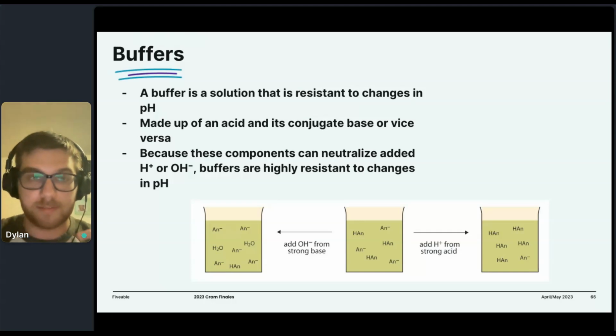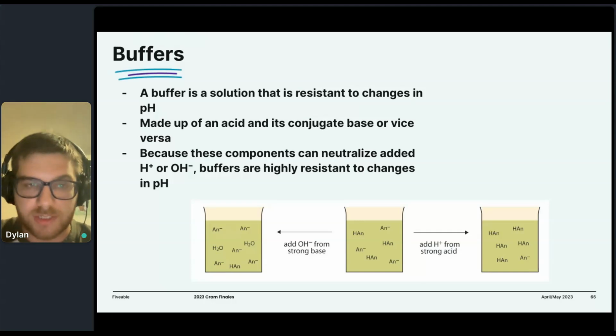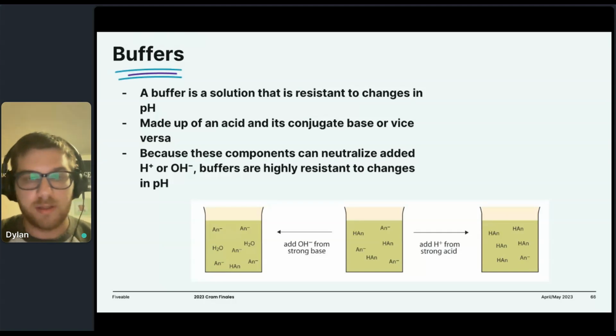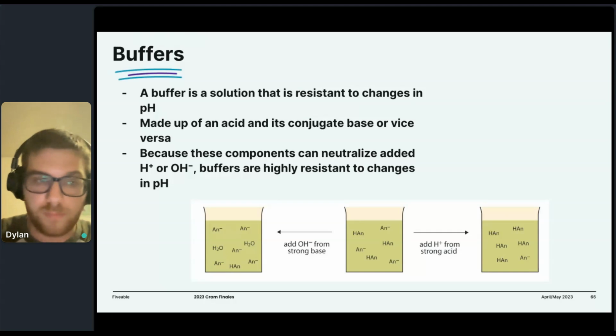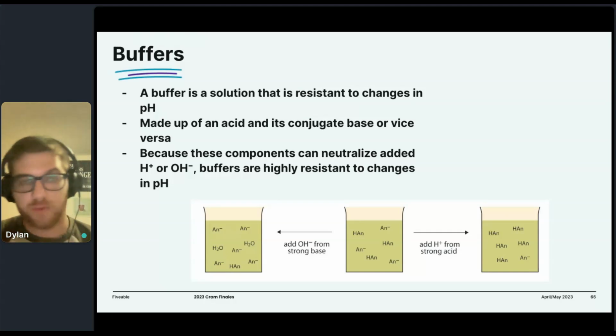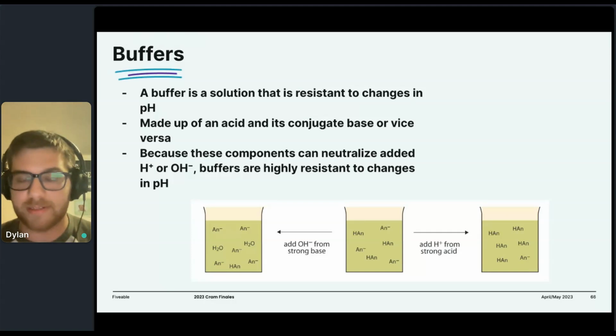But all that a buffer is, is a solution that is made up of an acid and its conjugate base, or vice versa, right? And this is because if you have an acid and its conjugate base, first of all, they'll eventually reach equilibrium with each other, so they won't eat each other up, which is the problem of why you can't just throw any acid and any base in there. You need an acid and its conjugate, or a base and its conjugate acid. But they can neutralize any added acid and base, right?